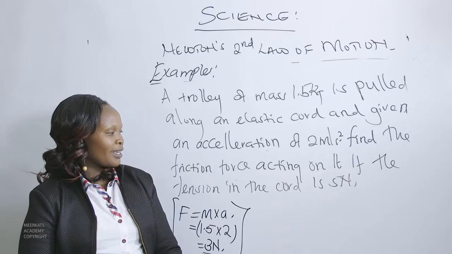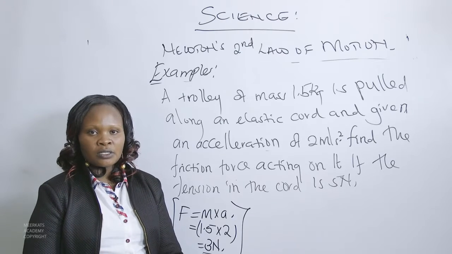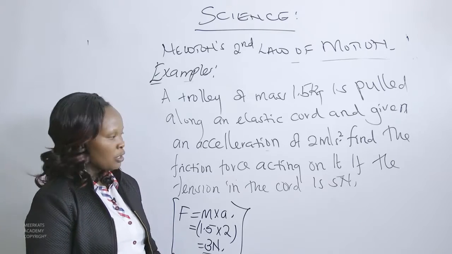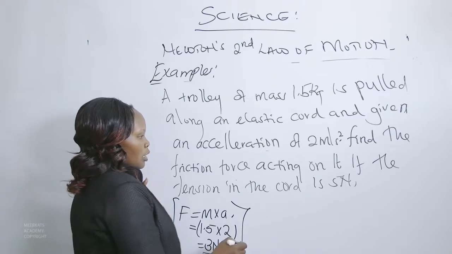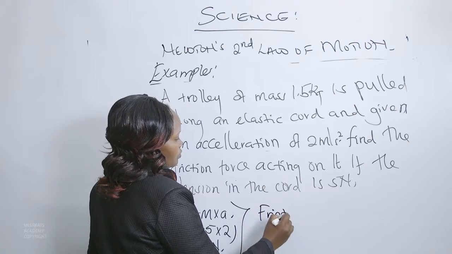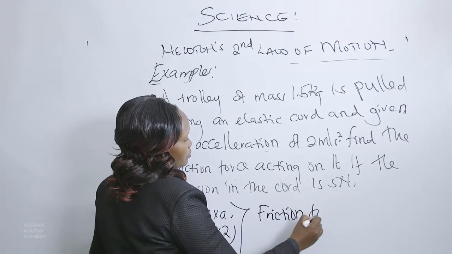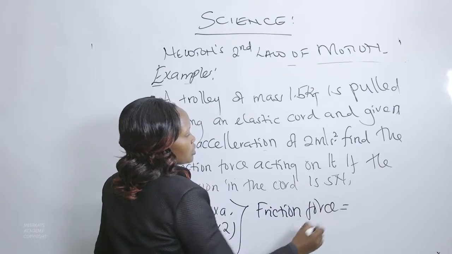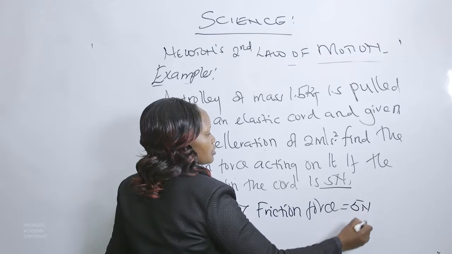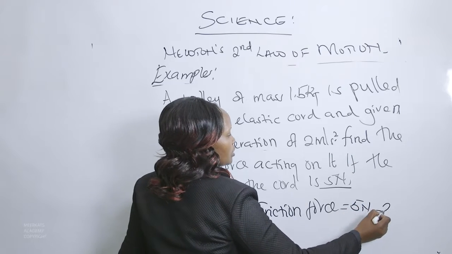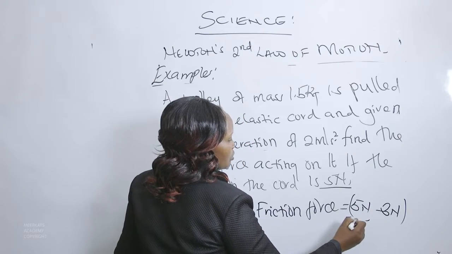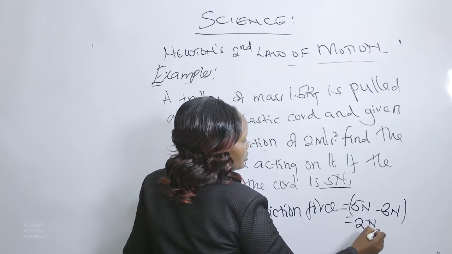So the excessive force is what we call the friction force, which is going to be given by 5 newtons subtract 3 newtons, which gives us 2 newtons.